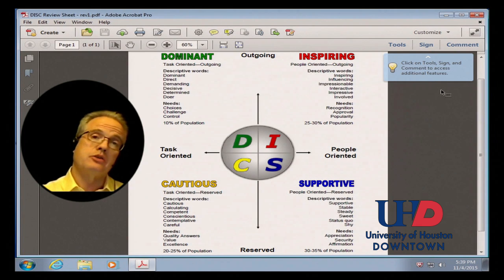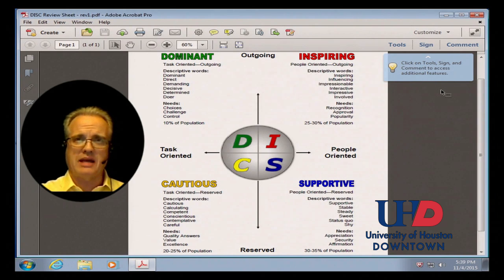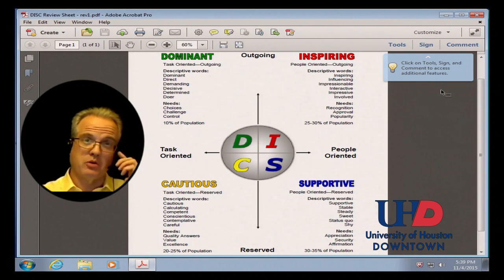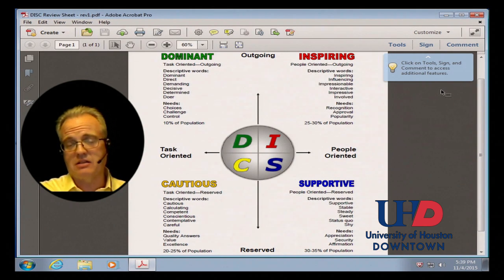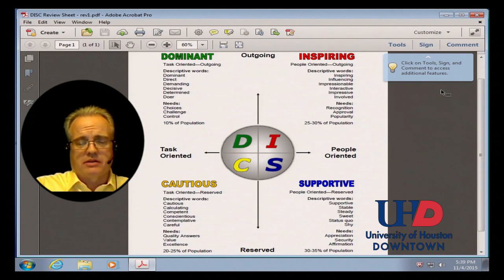And then the other drive is the horizontal axis. That's the priority drive. The priority drive is related to the direction people tend to think first, and so it shows up in how they approach what they do, with regard to their focus on task on the left side of this line, or people on the other side of the line. Task-oriented focus will be focused on form, function, process, analysis, data, a more factual approach to things.